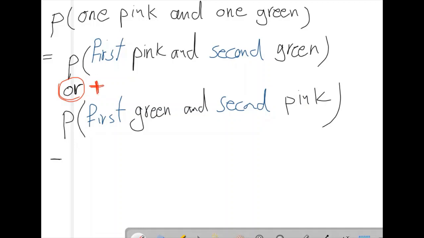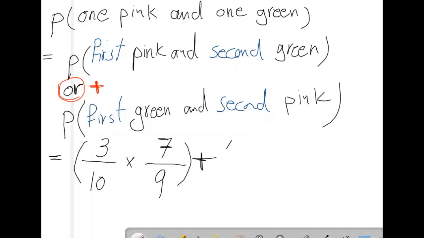So first pink, it means in the first try we have in total 10 and the number of pinks is 3, but second green, it means we still have 7 green candies in the bag, but in total 9. Or it means plus. Again from the beginning. First green, it means 7 from 10.